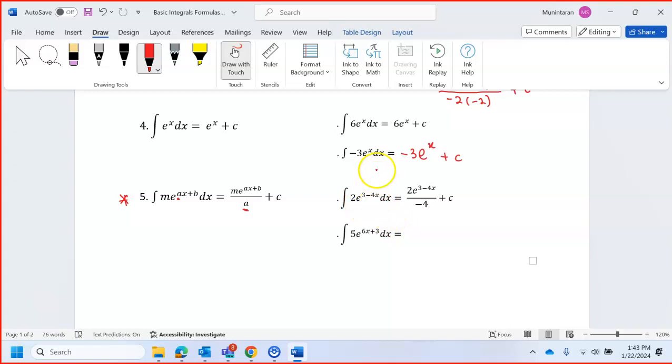So looking at this formula, your m is 2. Copy the m, copy the whole exponential, divide by the coefficient of your x, which is -4. Therefore, you'll be getting 5, copy the whole thing, e^(6x plus 3) divided by 6 plus your c.